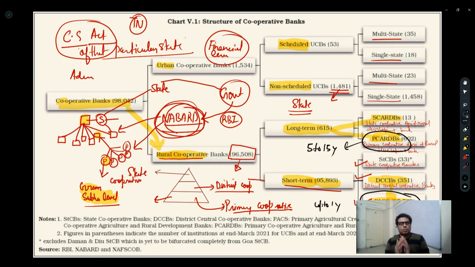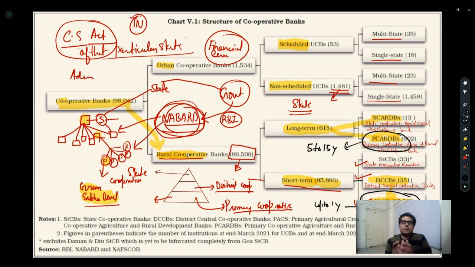So actually they provide loans to farming and non-farming activities. Earlier they were providing loans basically only for agriculture and allied sectors, right?